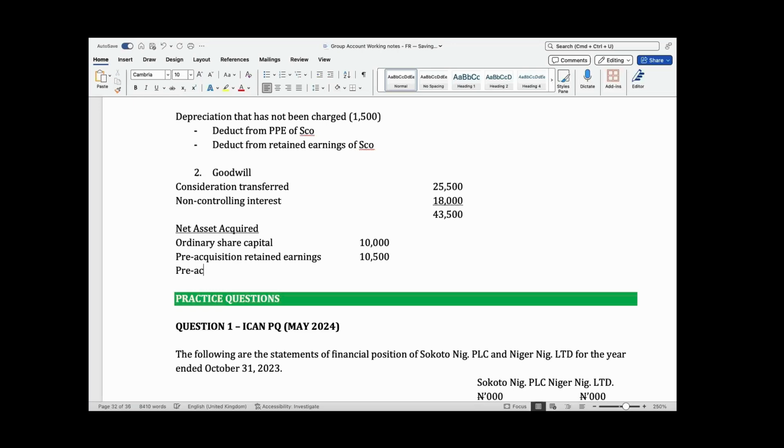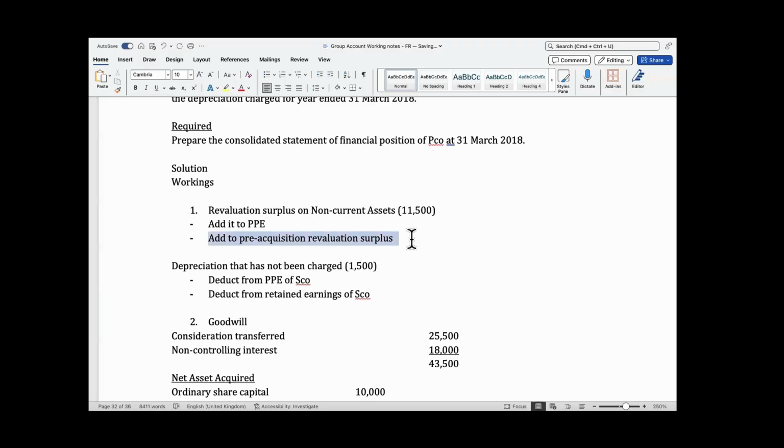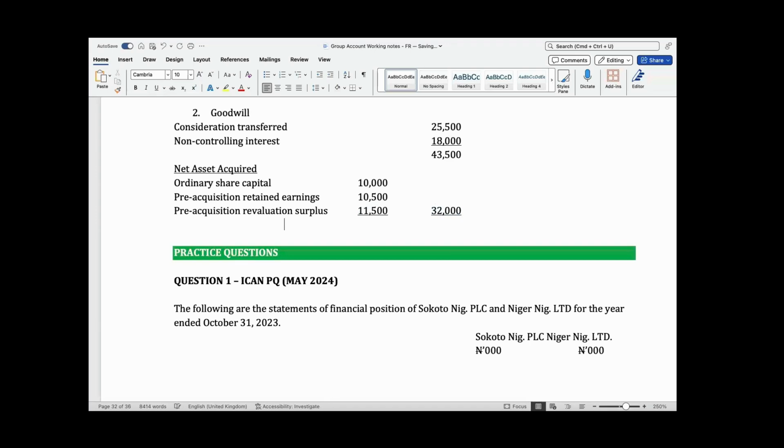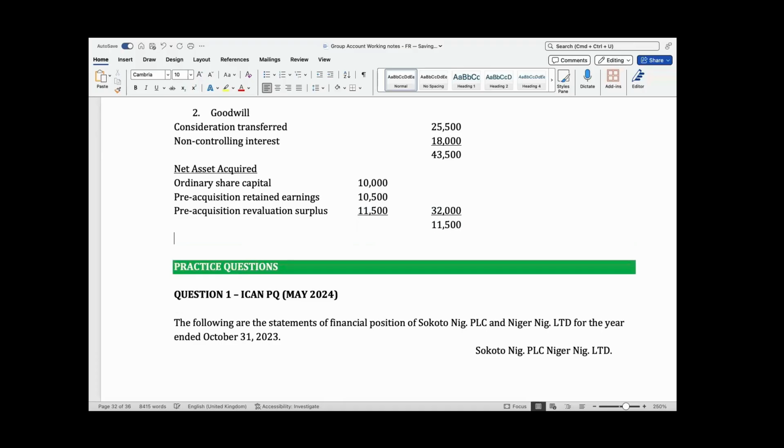What's the pre-acquisition revaluation surplus? 11,500. We add this 11,500 here. So what's the addition of these three? Is this correct?